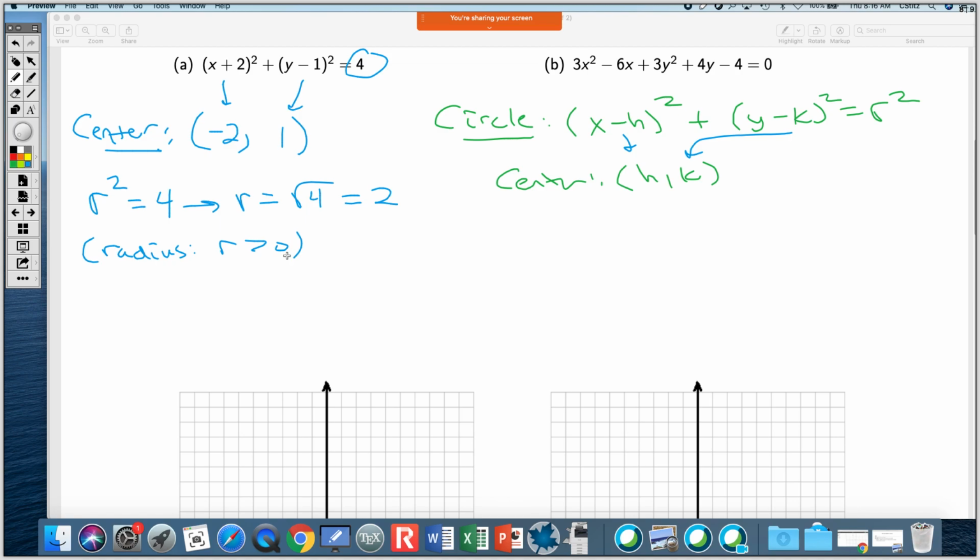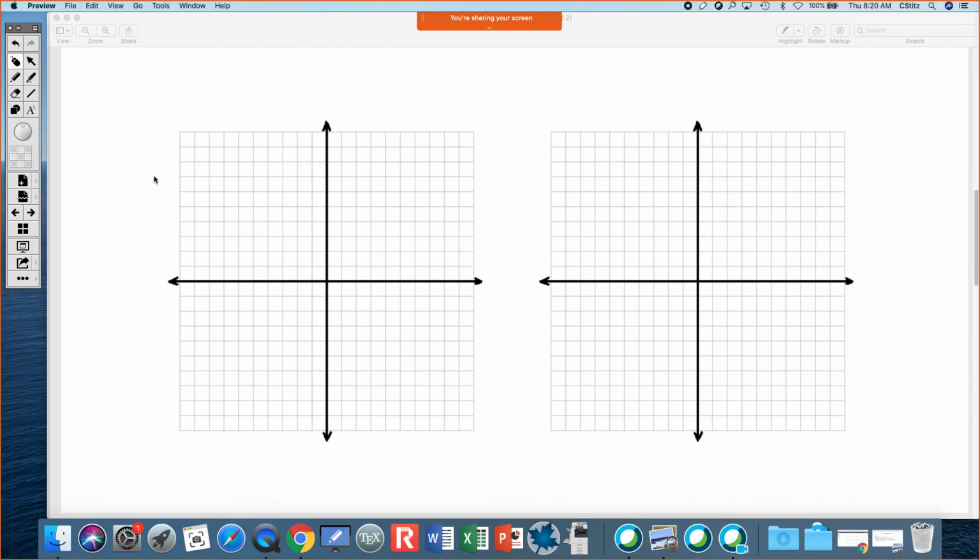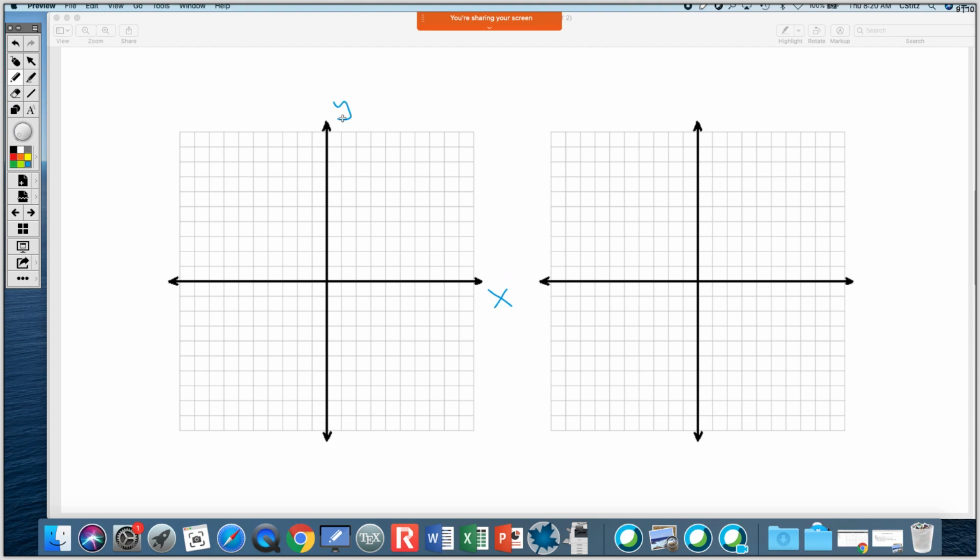So at this point, we want to graph center negative 2, 1, radius 2. So here's our x and y. The center is negative 2, 1. So negative 2, 1, and I put a little x for the center.